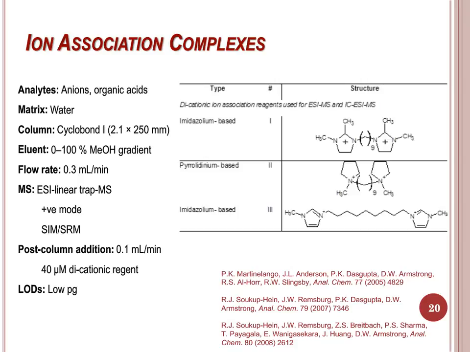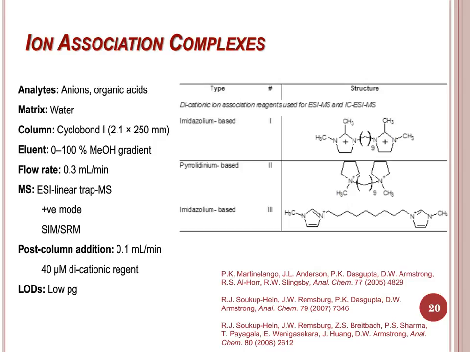There are advantages to operating in positive instead of negative ESI mode, such as a decreased risk of corona discharge and arcing. The use of ion association complexes can also potentially improve sensitive quantitative determinations of these types of species, offering increased signal intensity due to more efficient electrospray, as well as improved selectivity due to a higher mass to charge offset as an association complex, reducing background interference and noise.